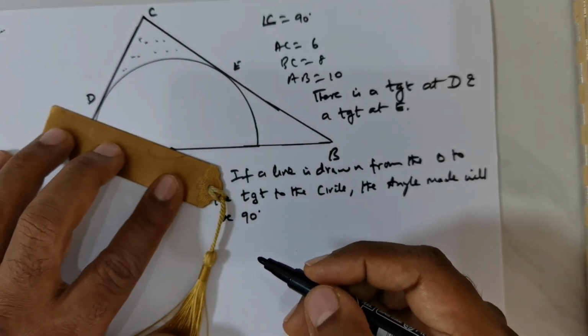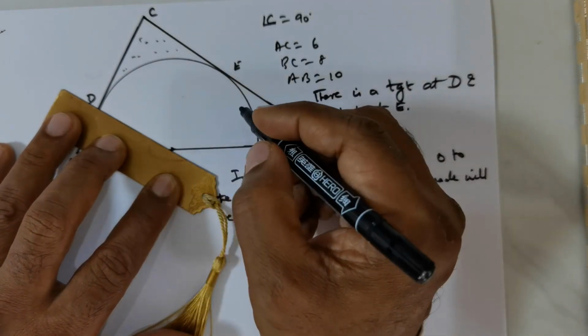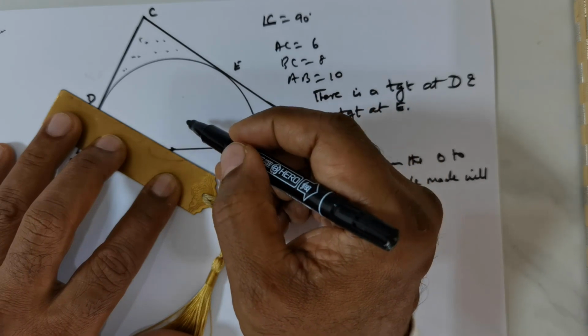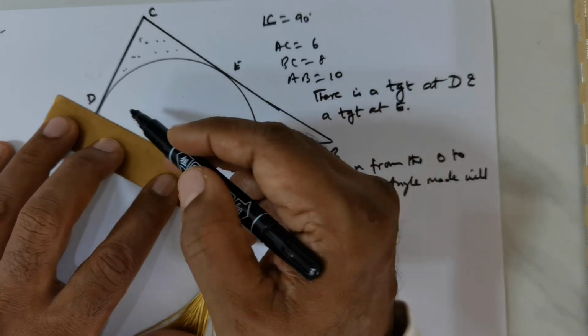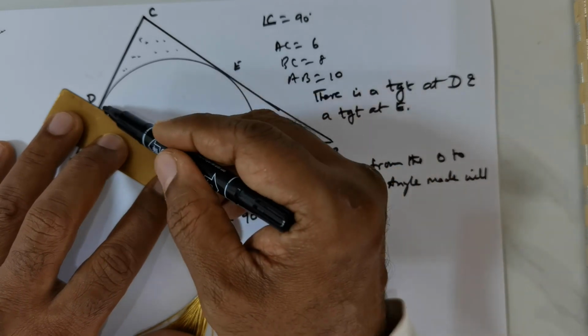So if you were to draw a line from O to the tangent, the angle made is going to be 90 degrees.